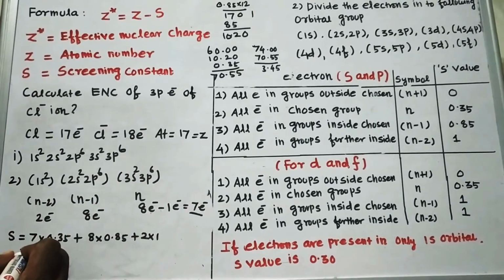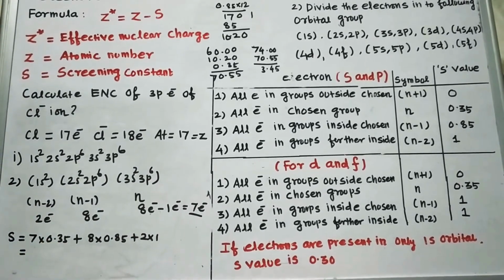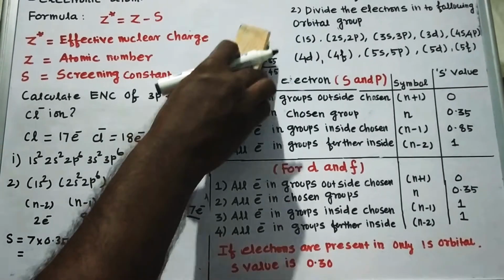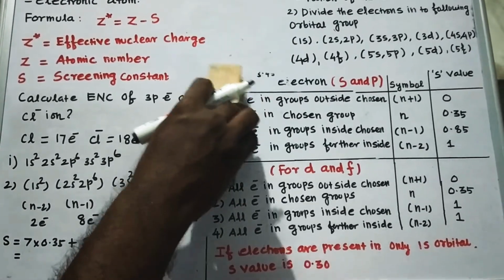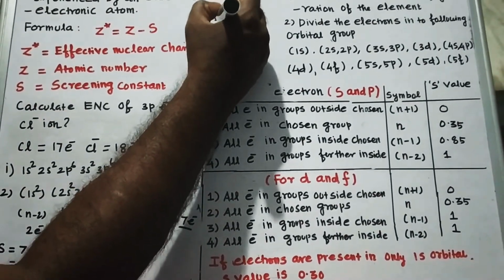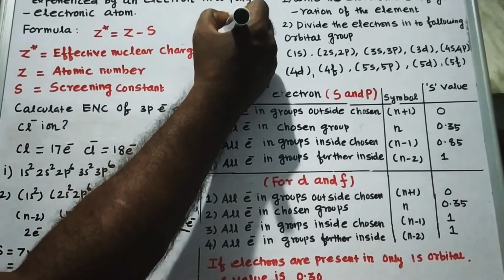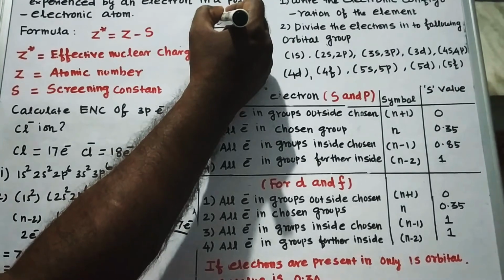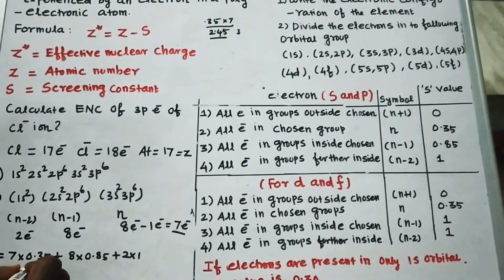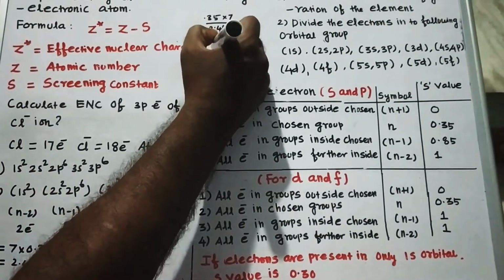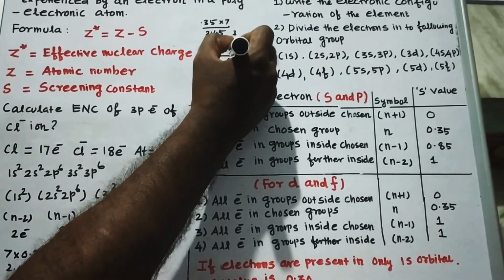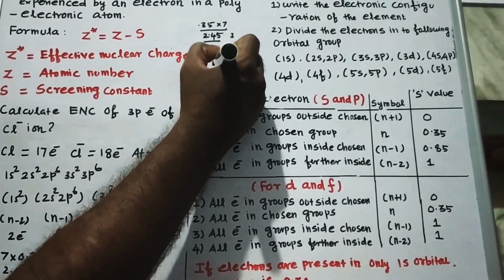So 7 into 0.35 is 2.45. Plus 0.85 into 8 is 6.8.